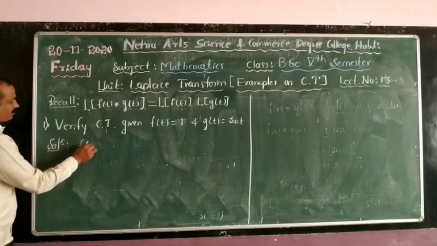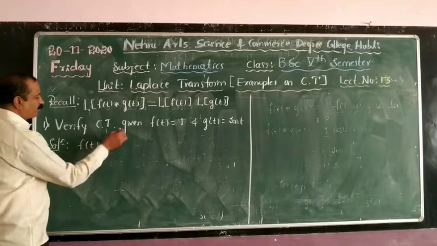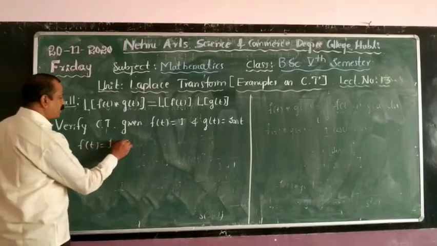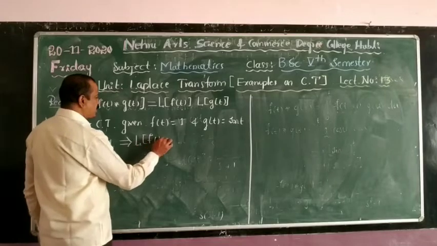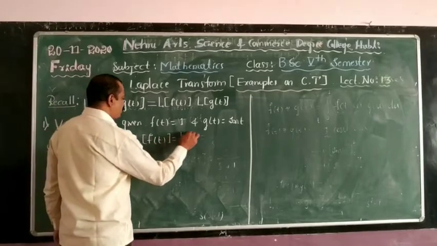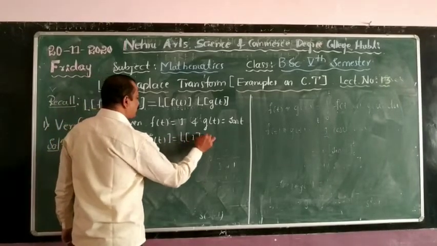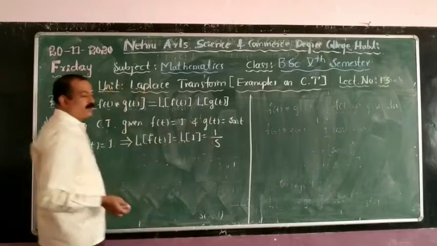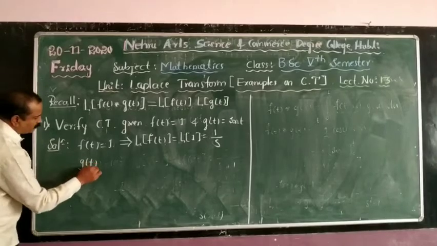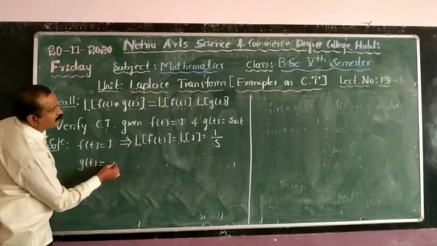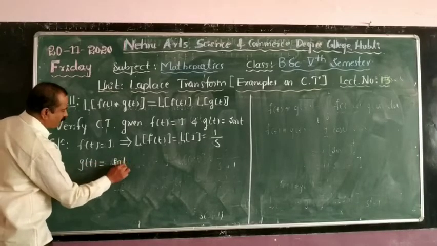Go for the solution. Given f of t is 1, from this L of f of t is L of 1. The L of 1 result, we know, is 1 divided by s. L of f of t is 1 by s. Again, g of t is given as sin t.